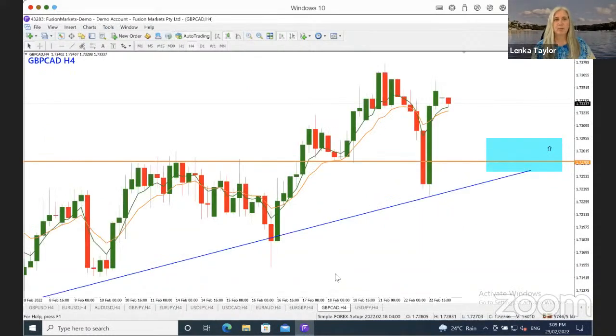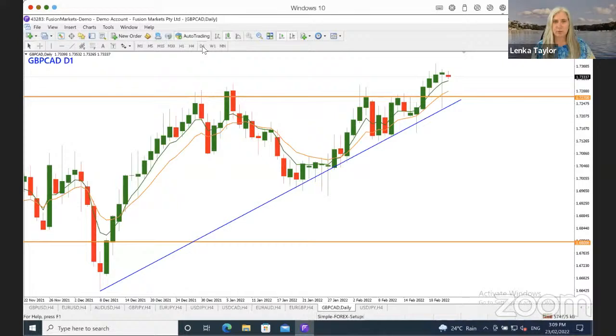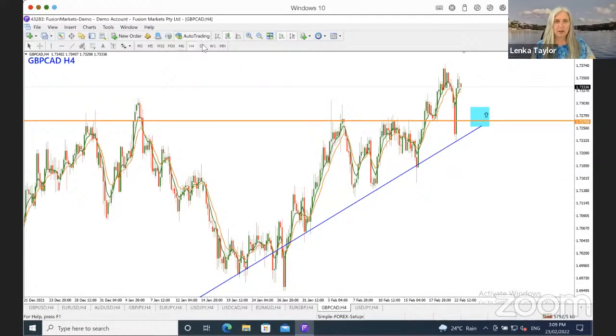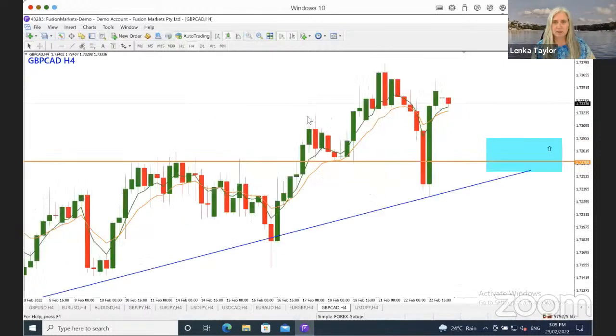Next currency pair I'm looking at is GBPCAD. Now GBPCAD, I'm long again on this one for this week. However, I would like to see a little better price action on there. I can see there were a couple of reversals.